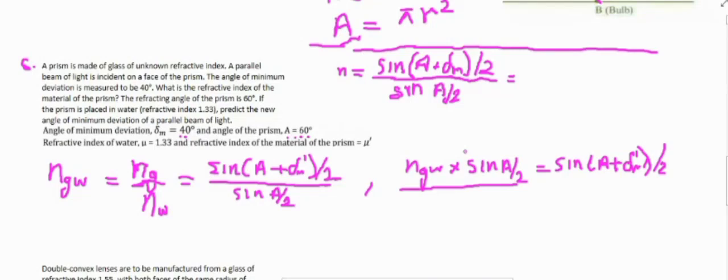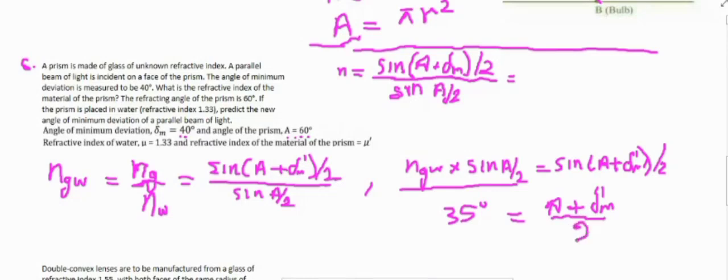Once you get the value of angle, I think you will get around 35 degree approximately. You have to find out the exact value. That value you have to equate with A plus delta m dash by 2.